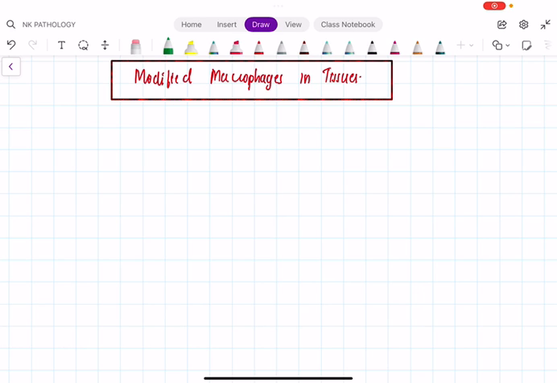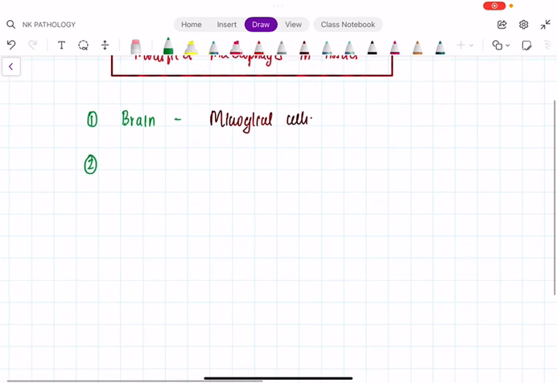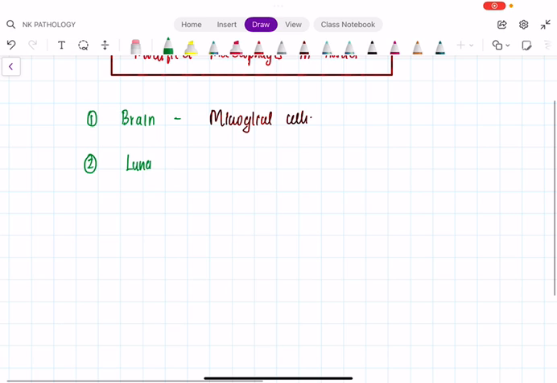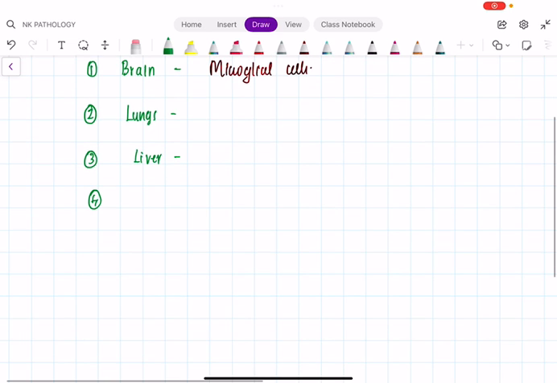Number one, in brain, they are called microglial cells. Number two, first I am going to write what all organs. Lungs. Number three, liver. Number four, spleen.